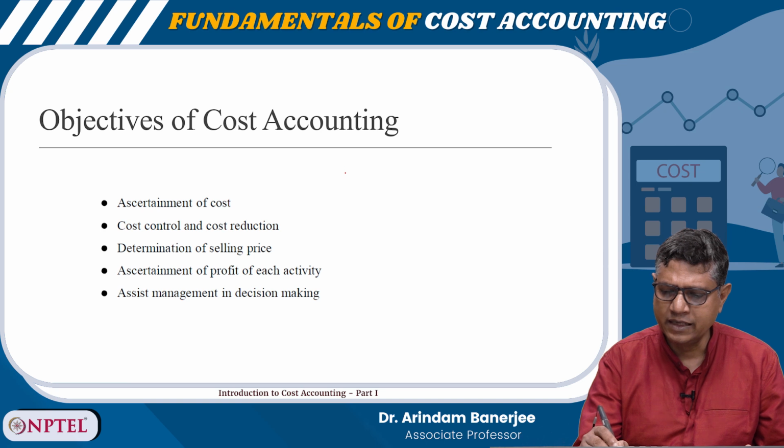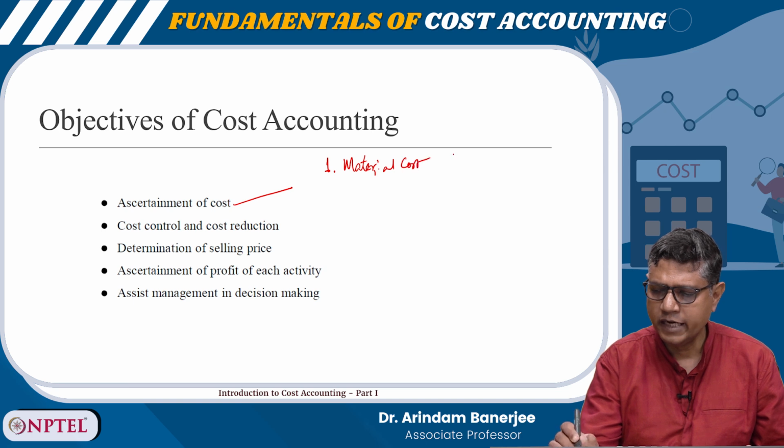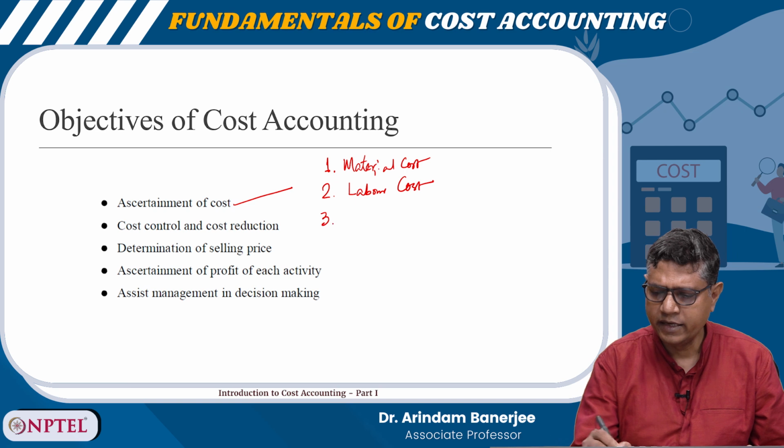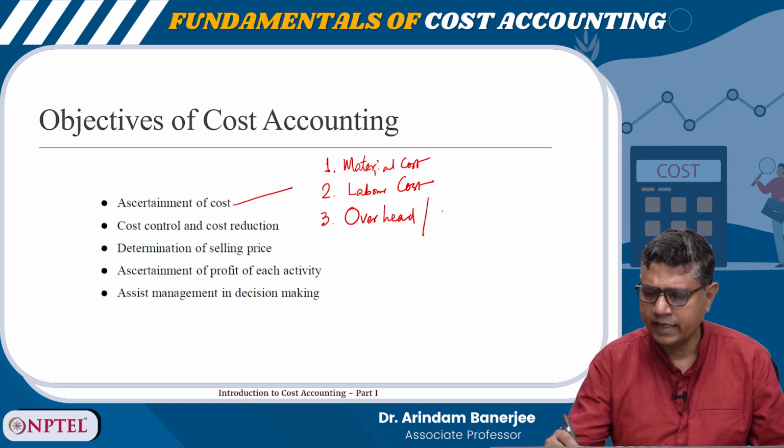For ascertainment of cost, number 1, I can ascertain the material cost; number 2, labor cost; and third is called overhead cost, or I can say it is indirect cost.